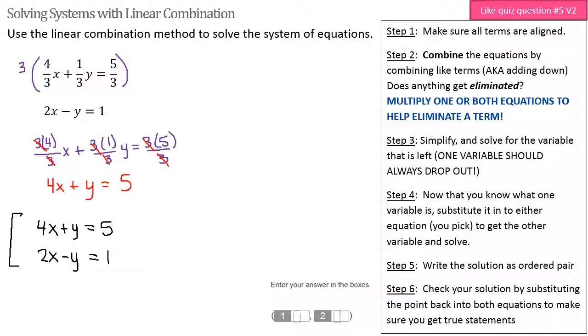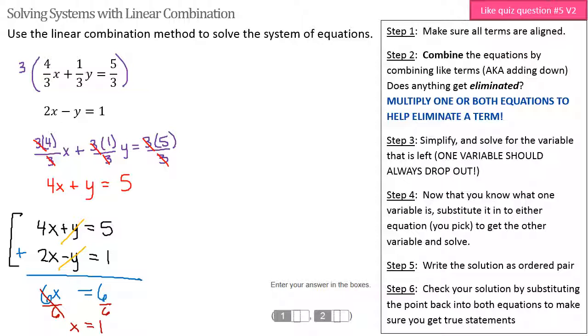They do. So we can just add straight down. 4x plus 2x is 6x. y plus -y cancels out, and that's equal to 6. So if we divide both sides by 6, we get x is equal to 1.